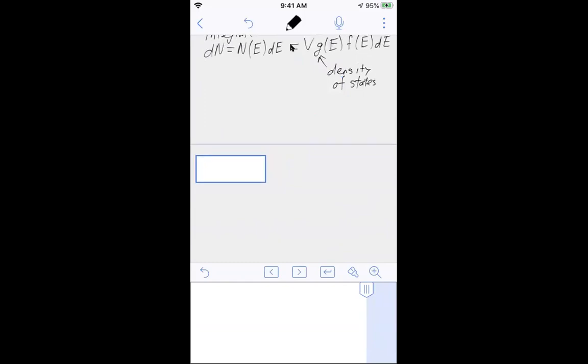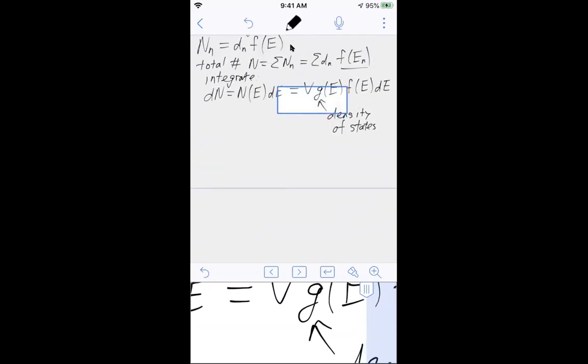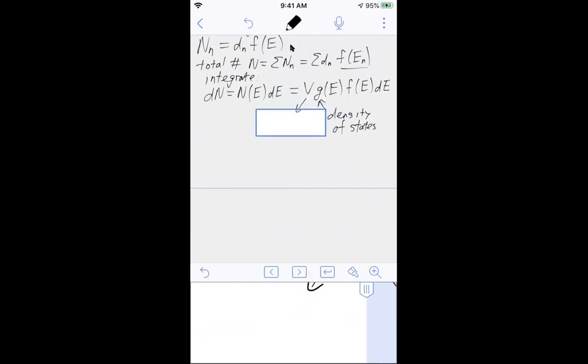V again is the volume of the gas. It makes sense that if you're talking about a volume that's twice as big, you'd have twice as many molecules or particles.